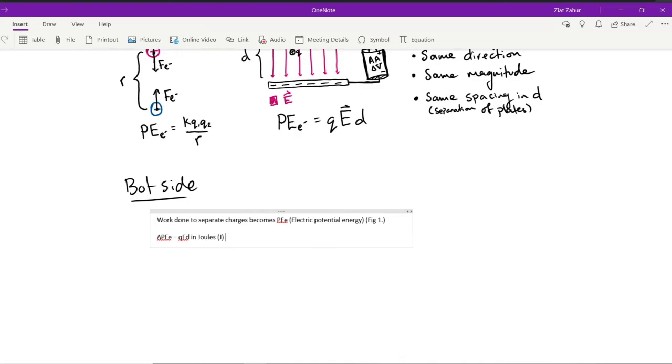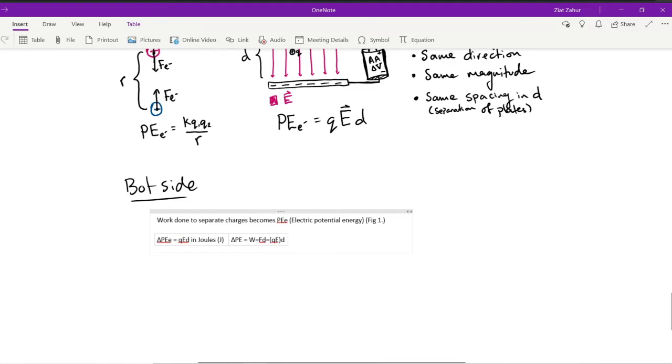PEE, QED in joules, J, and to get that, remember, delta PE, the change in the potential energy, is work, W, which is equal to force times distance, which is equal to, remember, force is charge times the electric field, and so charge times electric field times distance.